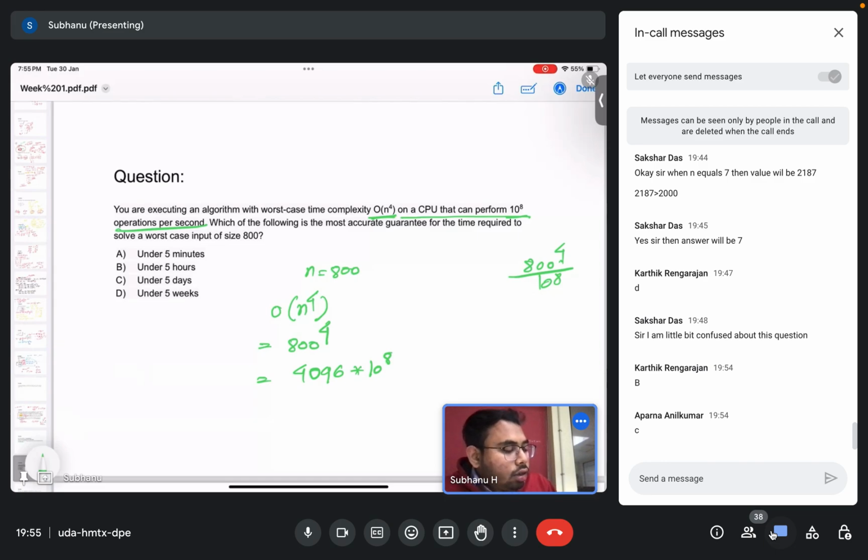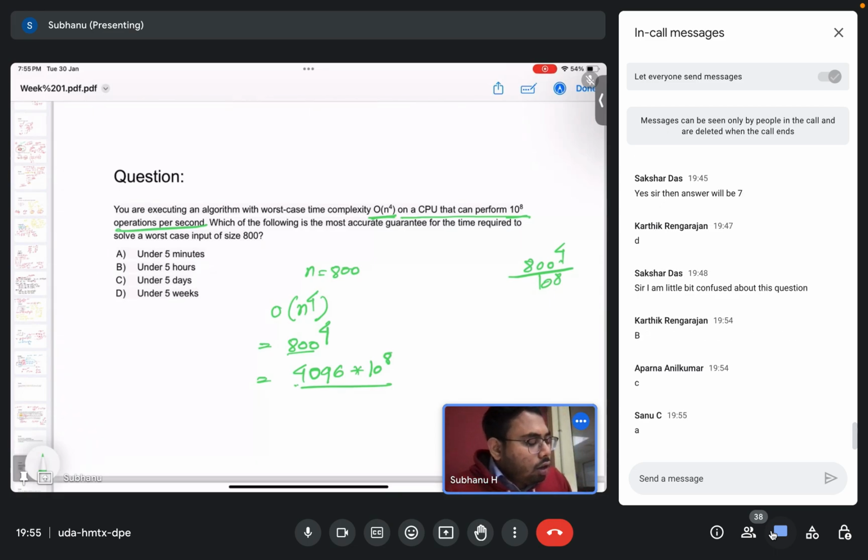So 800 to the power 4 is the total time we require. If we factorize this 800 to the power 4 and just divide it, then you can get it easily: 4096 into 10 to the power 8.